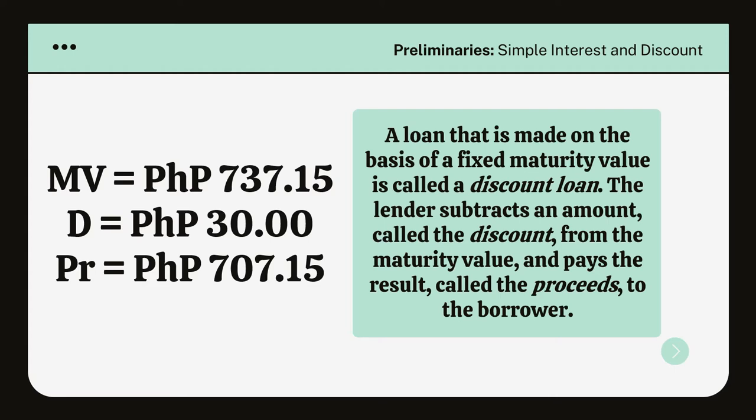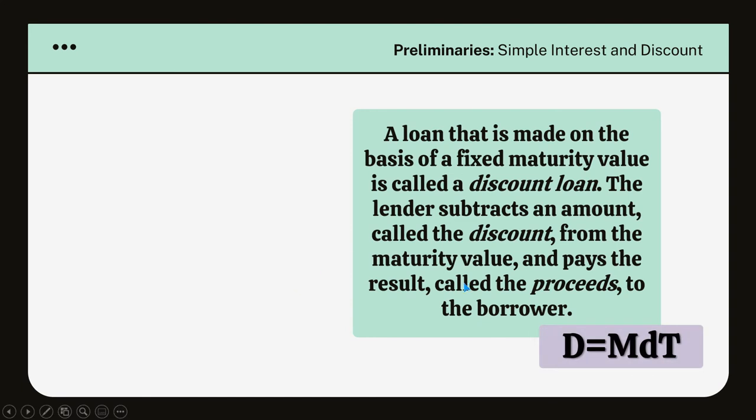If it's not, pwedeng ulitin natin siya or pwede nating i-visualize, pwede nating ulitin yung video para mas ma-visualize natin yung sinasabi kong explanation. But for now, ganito muna yung magiging setup natin. For simple discount, it's gonna be maturity value, it's gonna be discount, and proceeds. Okay. So our discount is equivalent to MDT.